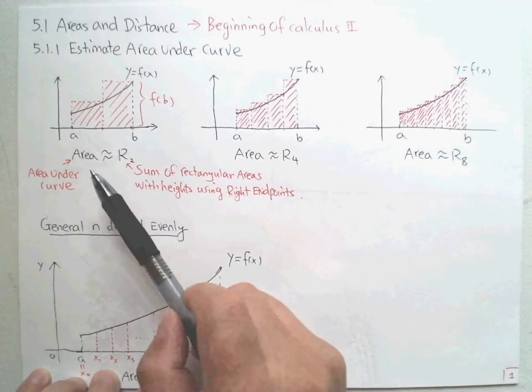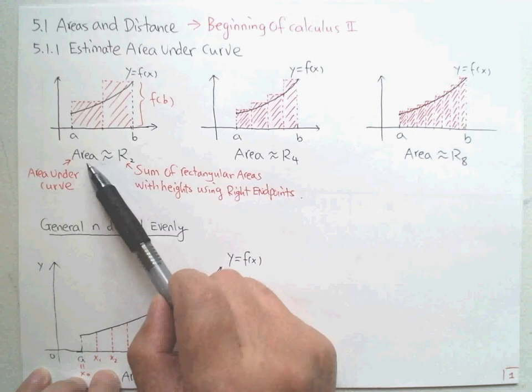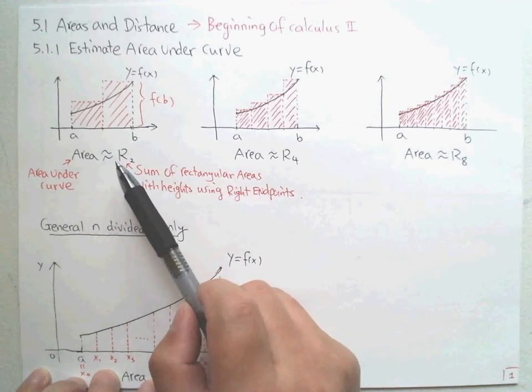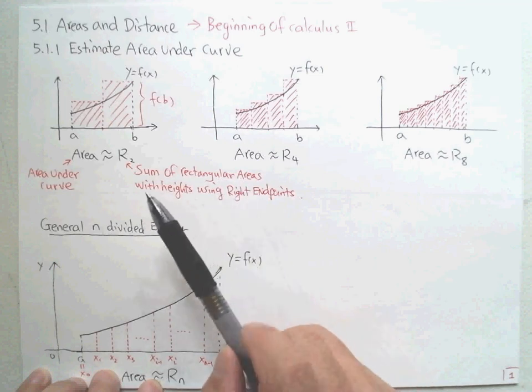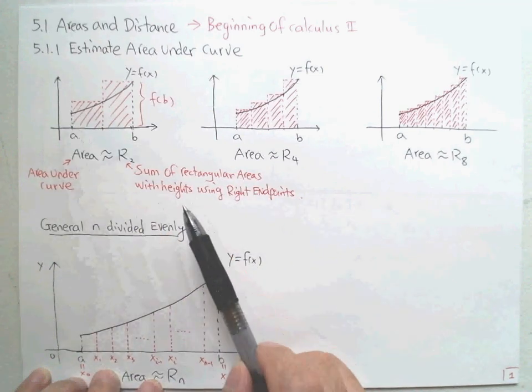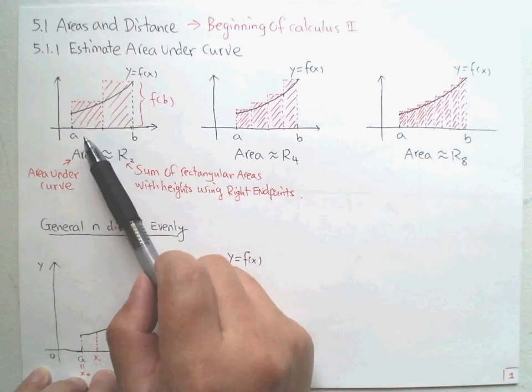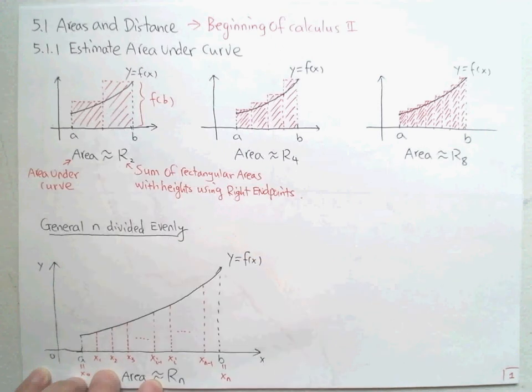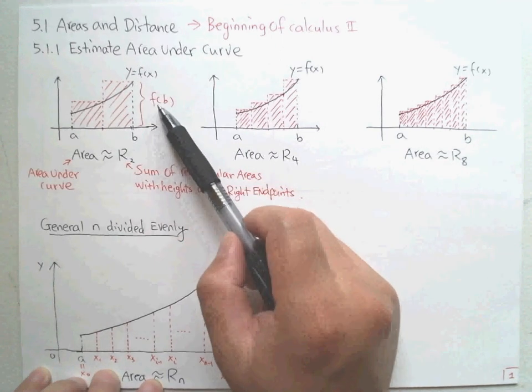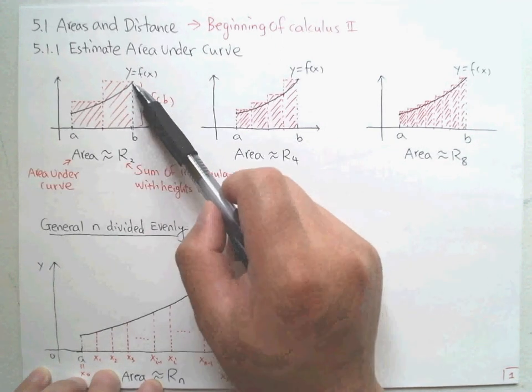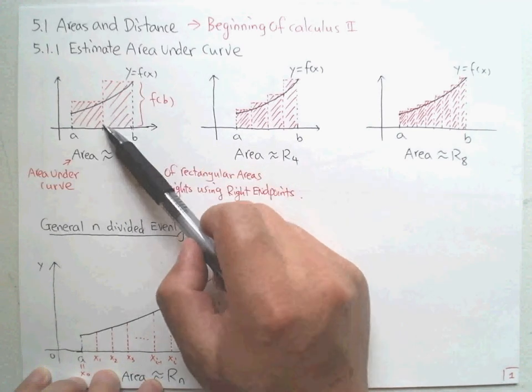The area under the curve can be approximated by the sum of the rectangular areas. The rectangle's height is at the right endpoint, like f at b. F at b is how high the second rectangle is, right?